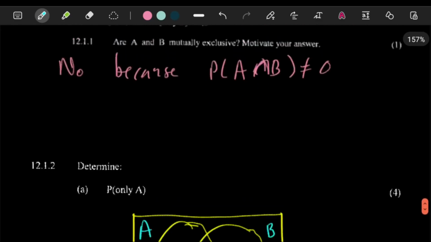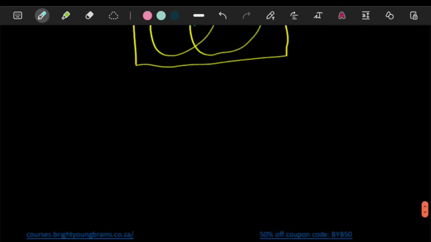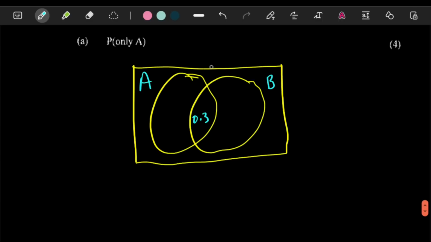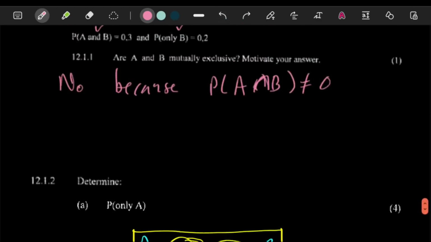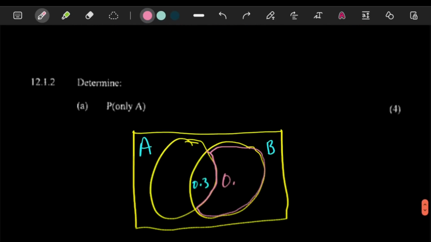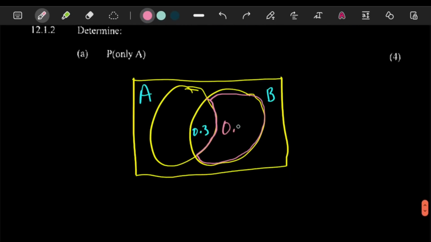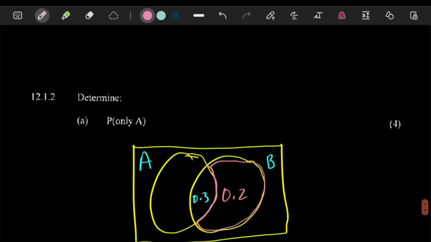And then here they say the probability of only B. Only B refers to this part only, the part that is not including the A. They said only B here is 0.5. I mean 0.2. The probability of only B is 0.2. So the probability of B is actually 0.5.